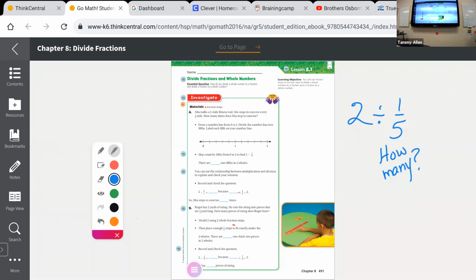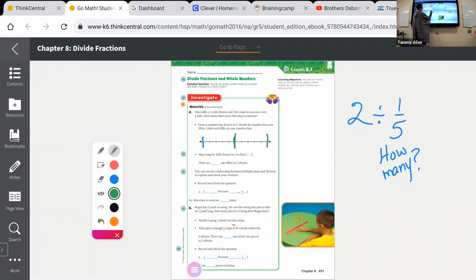Okay? So one way we can do it is we can take a look at a number line and we can divide it into fifths. And by dividing it into fifths, we need to look at from 0 to 1 and divide that into fifths, and from 1 to 2 and divide that into fifths. Does that make sense? Okay.